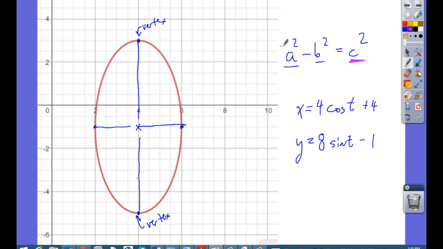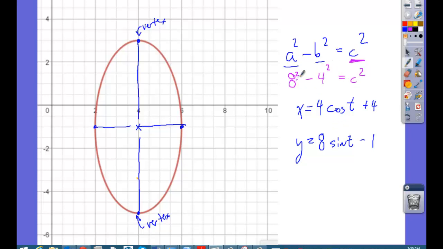So clearly we need a larger square minus a smaller square to make this positive result. If I do 4 squared minus 8 squared, that's going to be negative. So that means that I'm thinking of this as my A. So I'm going to have 8 squared minus 4 squared equals C squared.